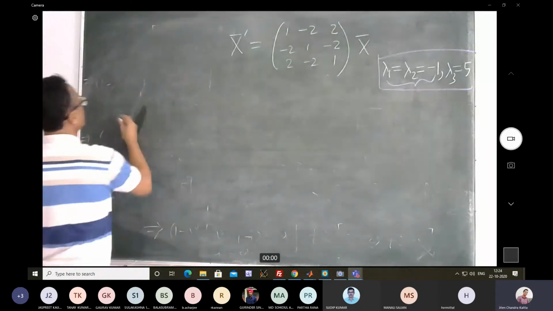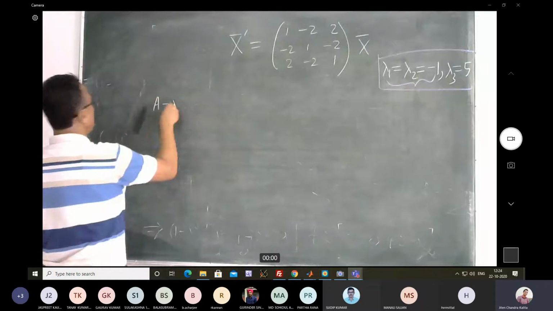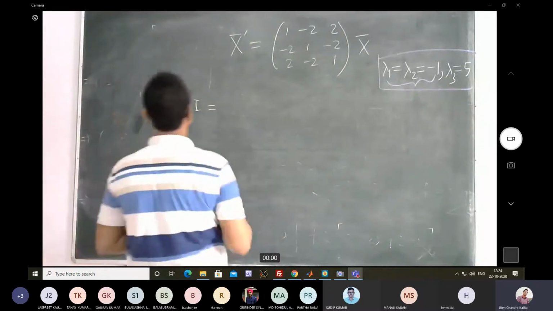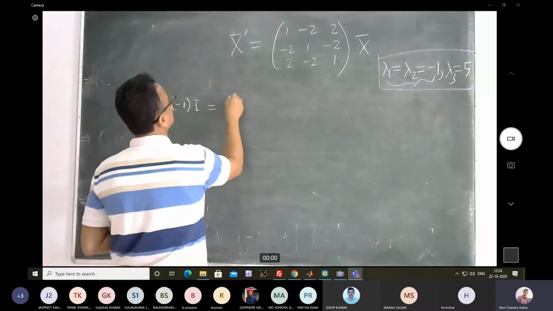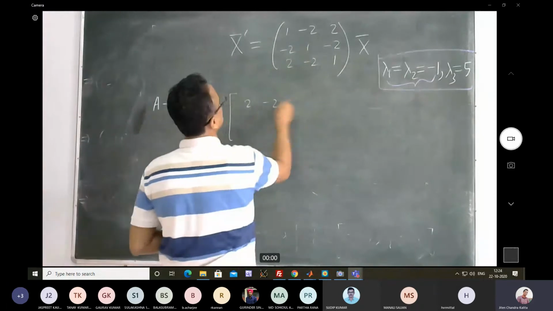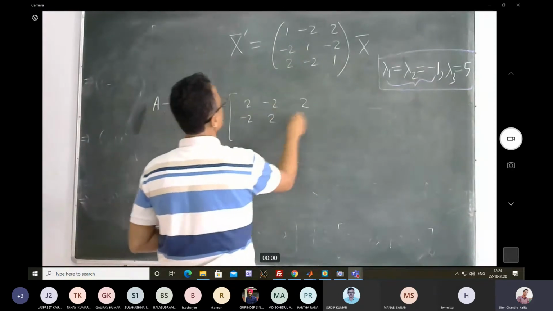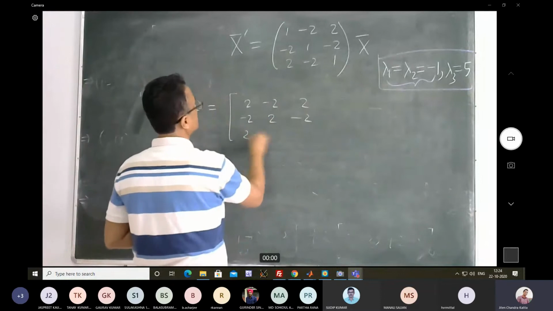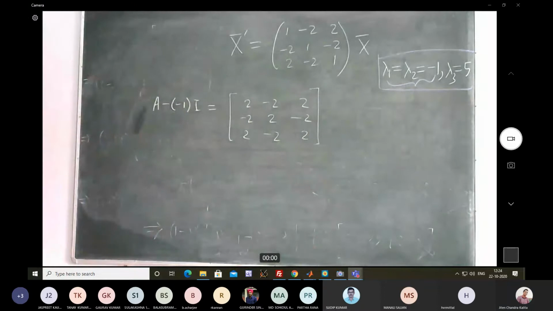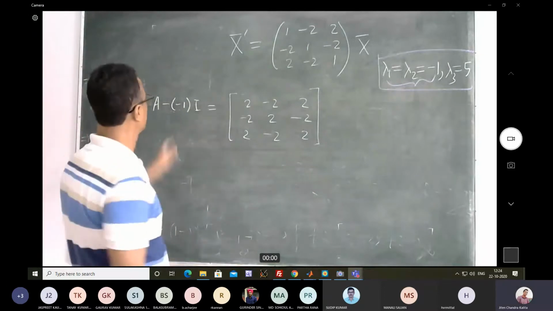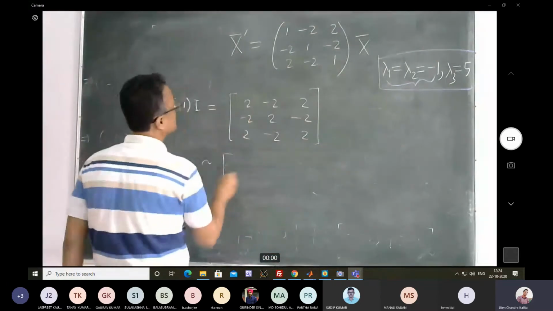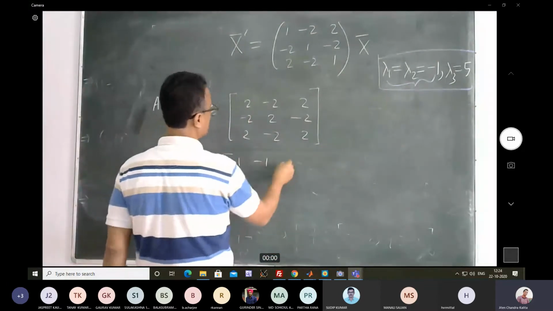So now your A minus lambda I, so this is simply plus 1 you have to add to the diagonal element. So 2 minus 2, 2, minus 2, 2, minus 2, 2, minus 2, 2. Is it okay with everybody? Yes, sir. Right? So this is going to give me, say, 1 minus 1, 1.